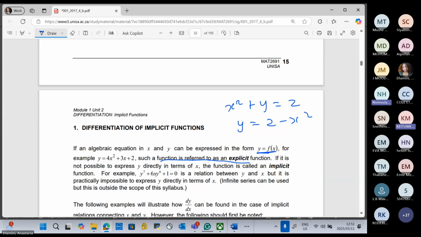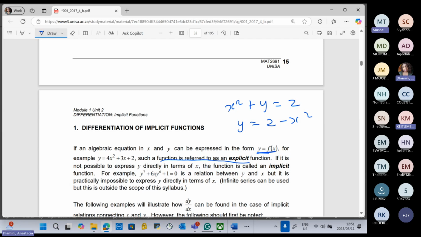Now they say, if it is not possible to express y directly in terms of x, the function is called implicit. Does it make sense now?